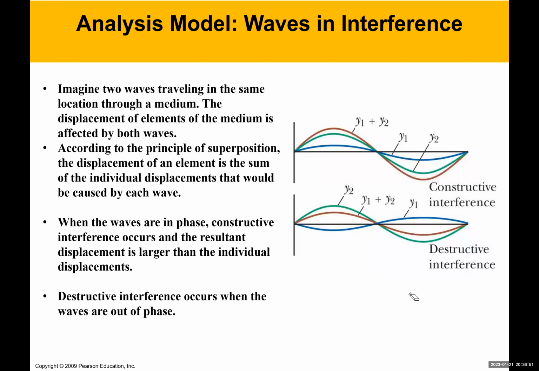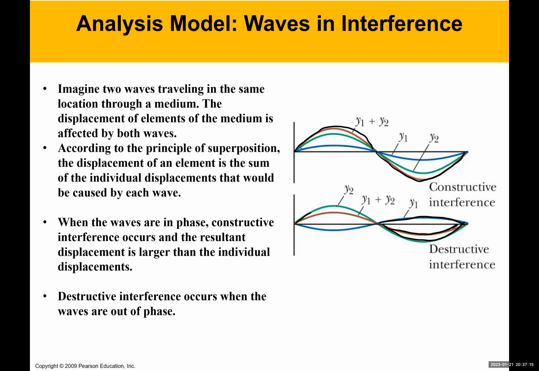You can see that technically you can have constructive interference, or you can have destructive interference, where they destroy each other. Here the superposition is less than the individual waves, while here the brown is greater than the individual waves, where you are adding them up.